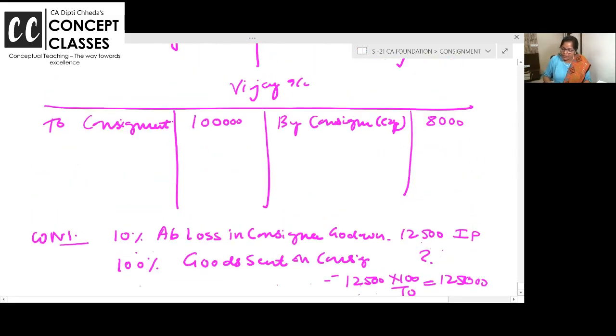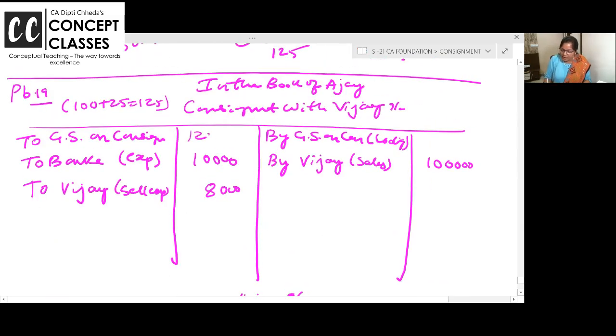So goods sent on the debit side are coming 1,25,000. Reference number working note 1.